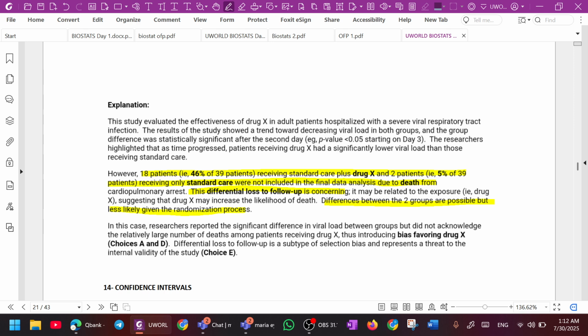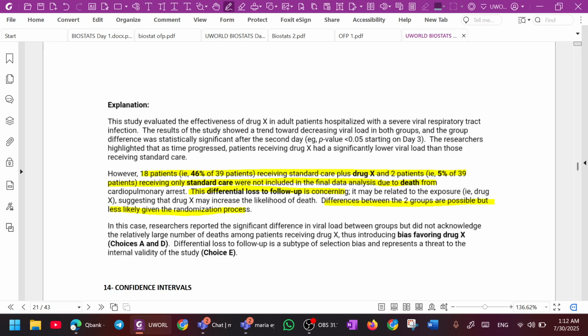But look at here, at the end, 18 patients from the treatment group died. Wait, did they die? Yeah, they died. And only two patients in the control group died.